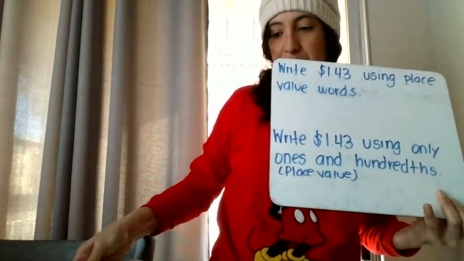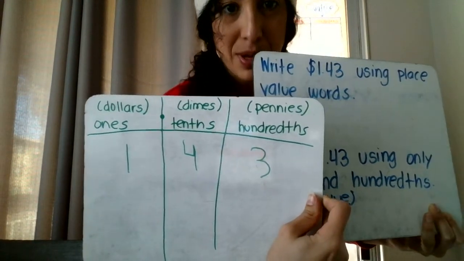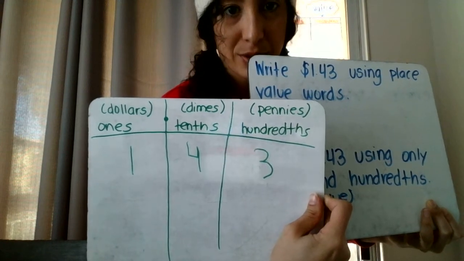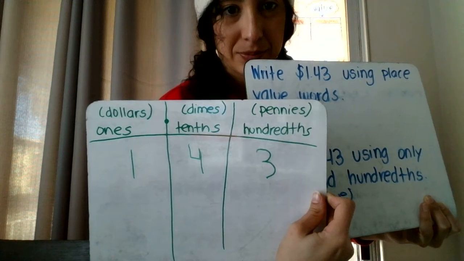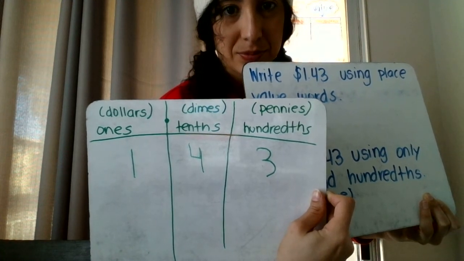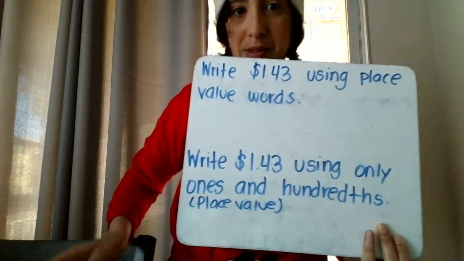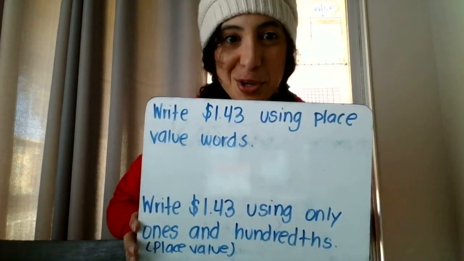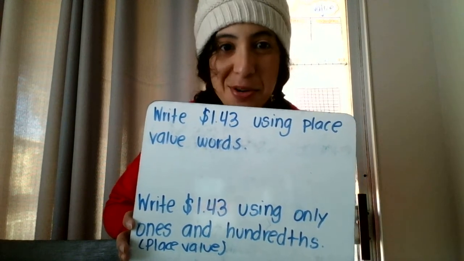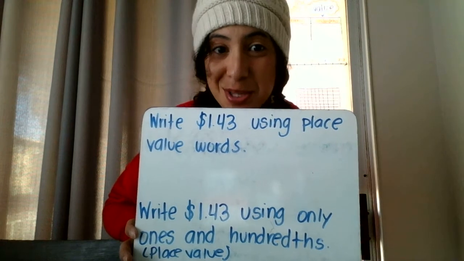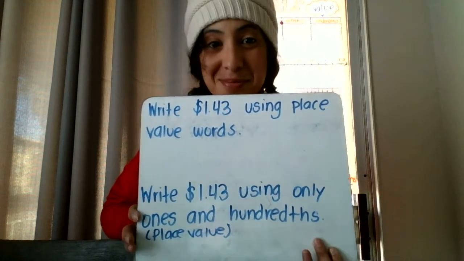Remember our place value chart. Okay. Go ahead and talk to your partner and come up with an answer. Just kidding. You don't have a partner right now. But you can talk to your pet or to somebody in your family. Even if they don't know what you're talking about, you can still say it to them.